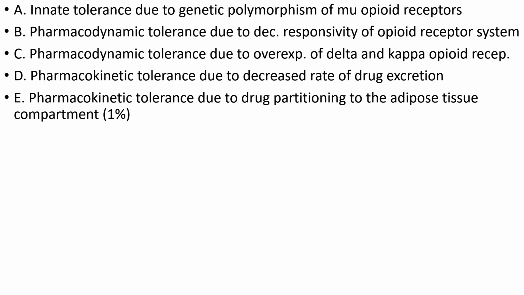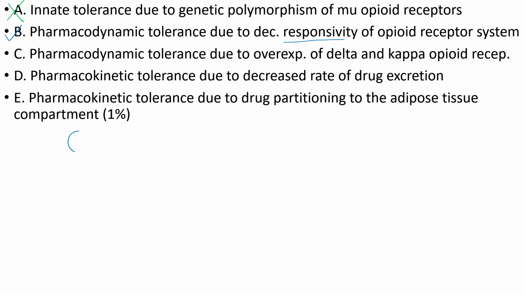Then innate tolerance due to genetic polymorphism. One by one. The patient experienced a good analgesic response. So analgesic response is good. This argues against the presence of innate tolerance. There is no innate tolerance because there is good analgesic response. Then acquired tolerance, I told you, decreased pharmacological response following prolonged drug exposure. Acquired pharmacodynamic tolerance is the primary form of chronic opioid tolerance, characterized by downregulation and decreased responsivity of the opioid receptor systems.